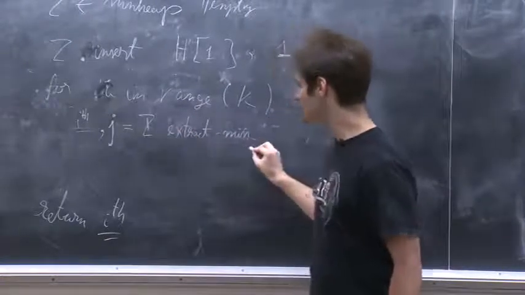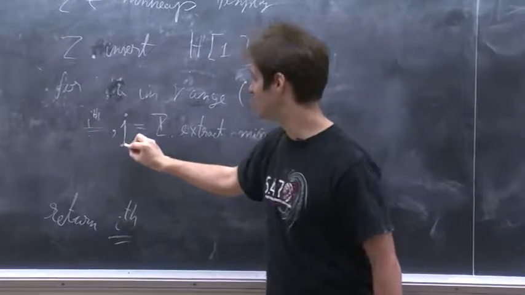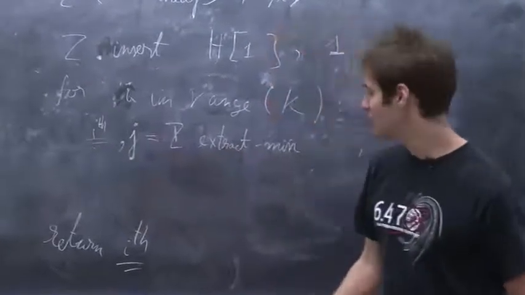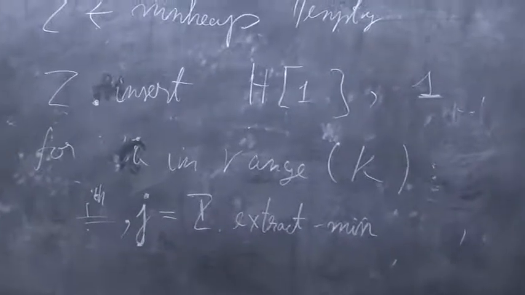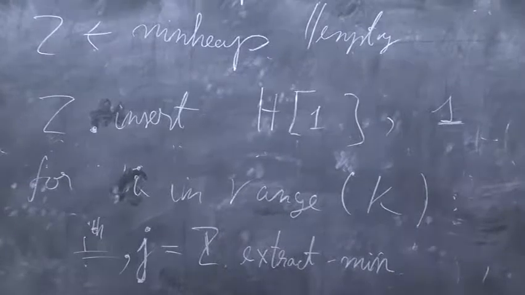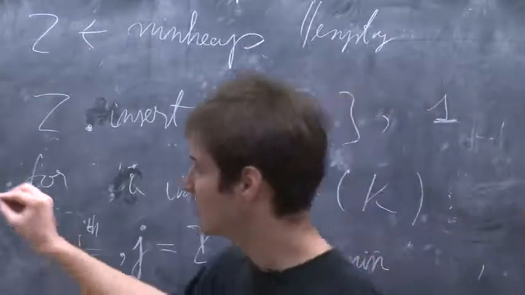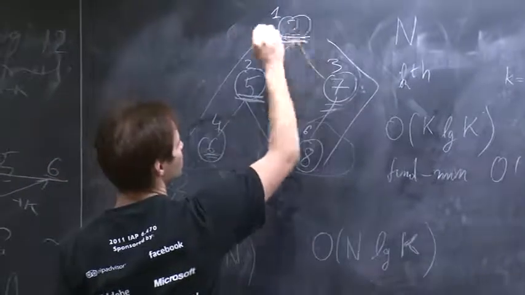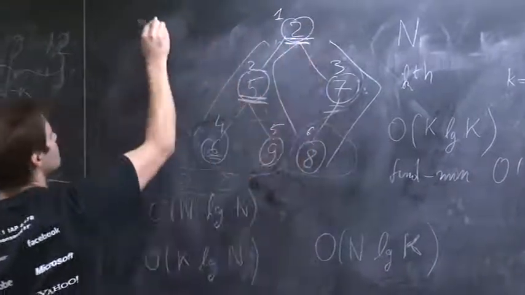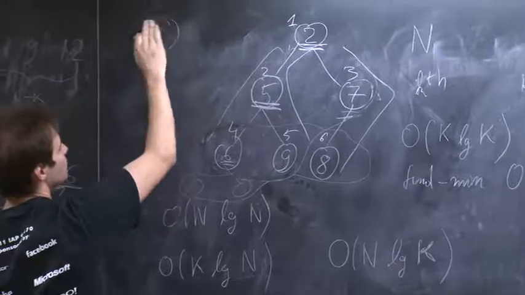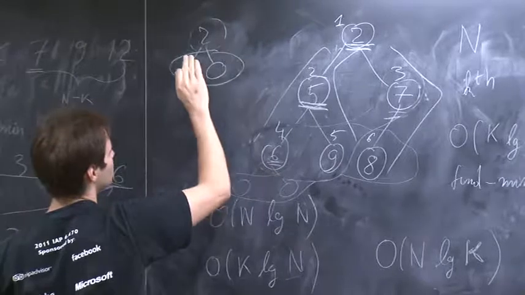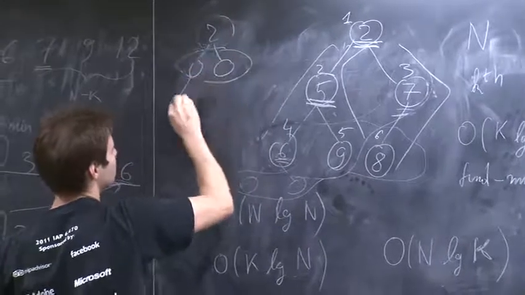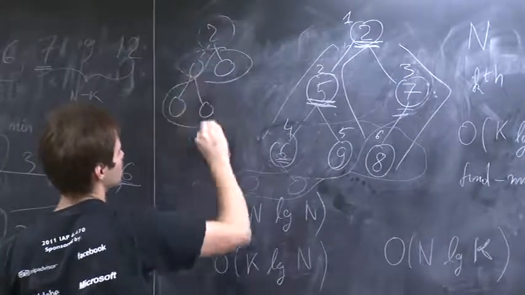So extract min is going to give us the key and its index in the heap. What do we do afterwards? We add to C. All right, so we start out with a horizon of 2. When we take it out, 2 is the only thing that's in the horizon first. Then we take it out, and its 2 children get in the horizon. Then we take out one of the children and put its children in the horizon.